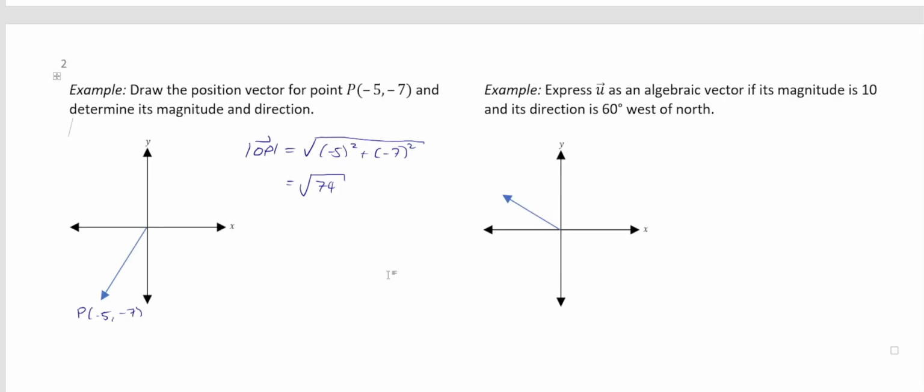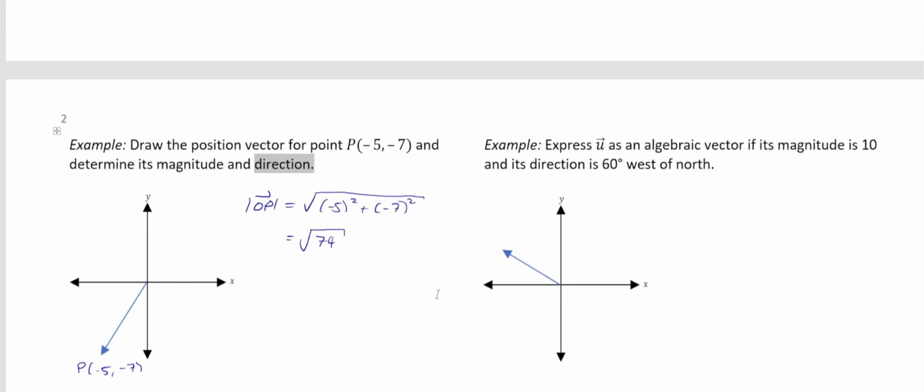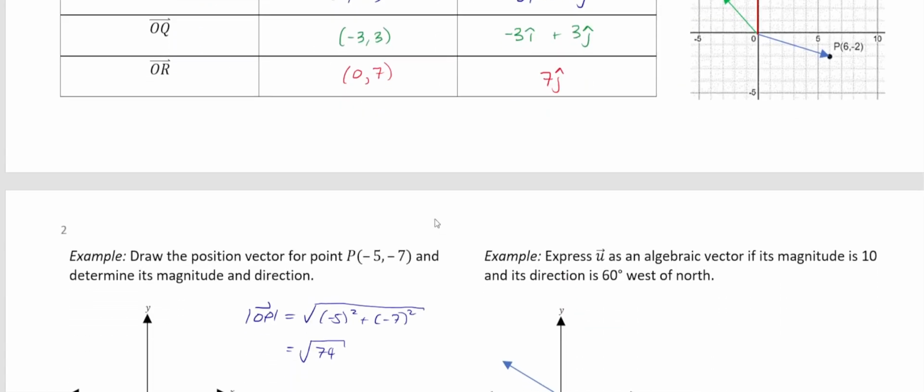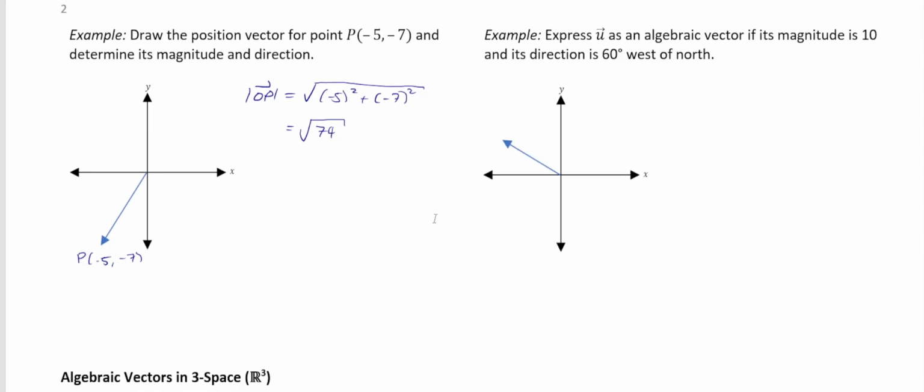Okay, so I've got its magnitude, and the question is now asking me also for its direction. So recall that we're going to give direction as theta measured counterclockwise from the positive x-axis to the line of the vector. So let's go back over here and let's do my tan inverse of negative 7 over negative 5, which is b over a, right?